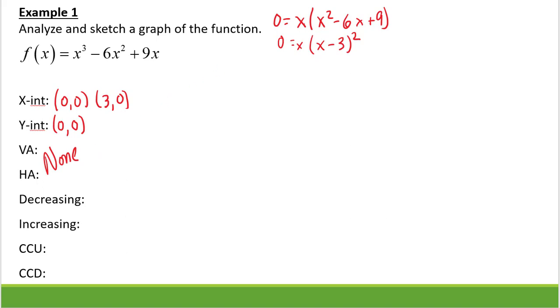So now what I want to find is the first and second derivatives for increasing and decreasing. I'm going to be erasing as I go just because I don't have a whole lot of room on this slide. So I find my first derivative, which is 3x squared minus 12x plus 9. I set that equal to 0 and I factor as much as I can.